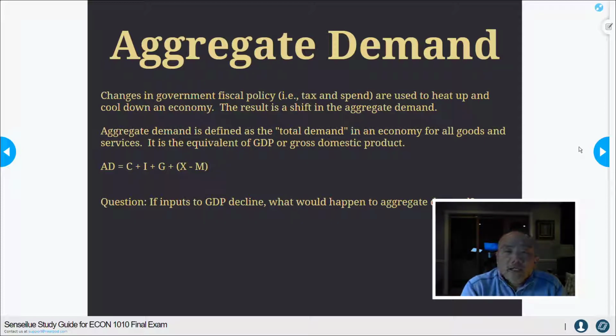If anything on the right side of the equation were to change, such as if investment spending were to decline, then the left side of the equation, aggregate demand, would also decline. Or if government spending were to decline, or consumer spending were to decline, total demand would decline.